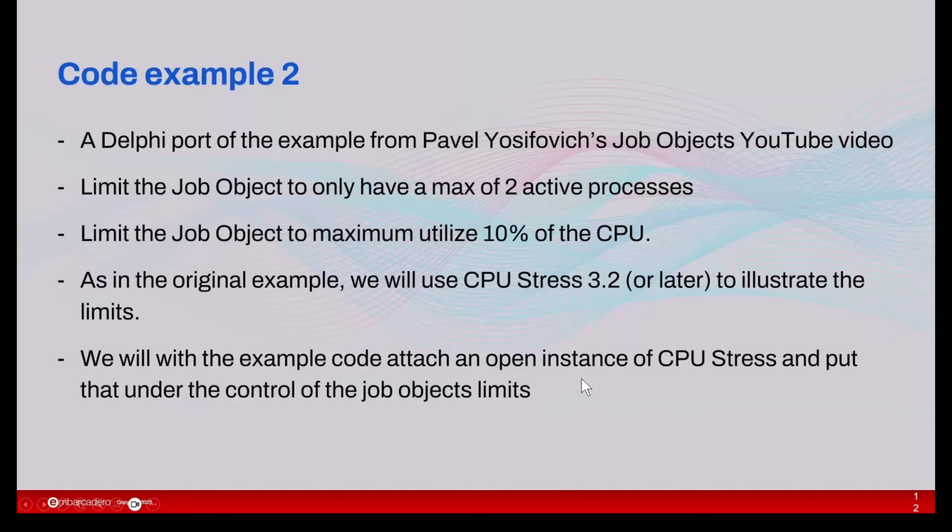So the idea is that the program is attaching the CPU stress program within the job. So here we create the job, and then we put the CPU stress in as a process within the control of our job object.